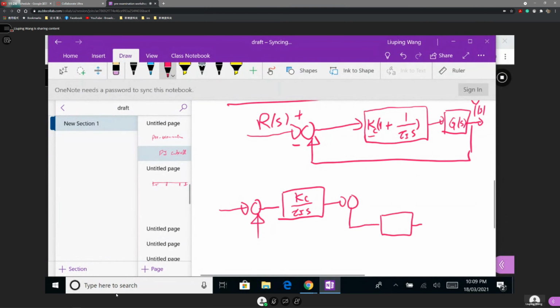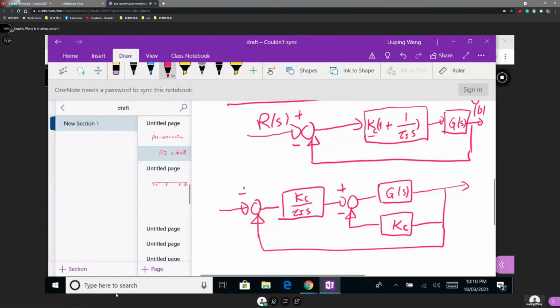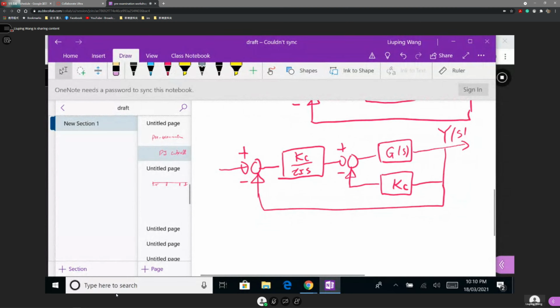So this is a negative feedback with kc, and the system g of s.